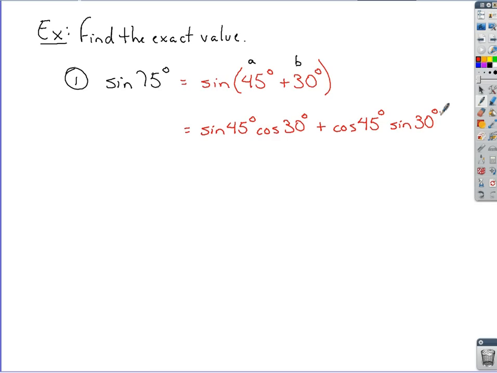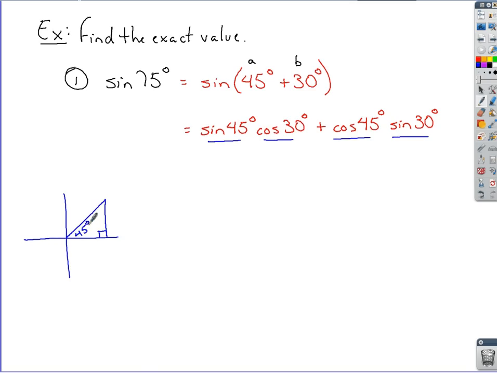Once you've got your formula all set up, all expanded out, then we go back to working piece by piece here and evaluating each part. If I have to figure out what the sine of 45 degrees is, I go back to what I know about reference angles, drawing triangles out. So I draw my triangle out, my 45-degree triangle, right?